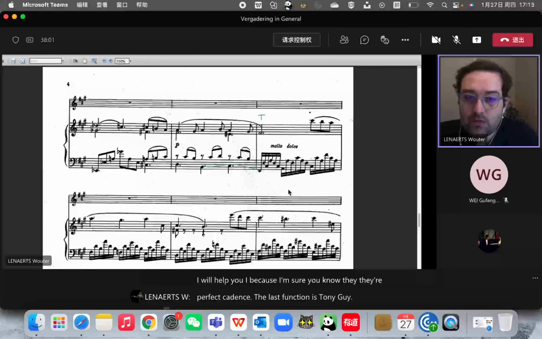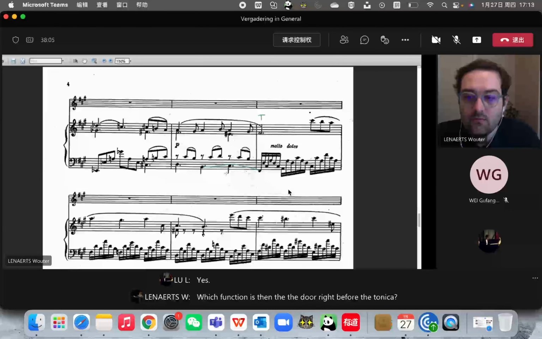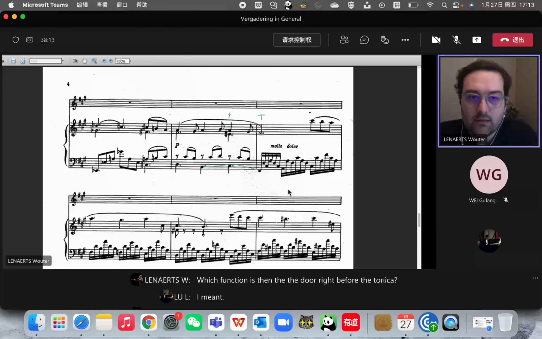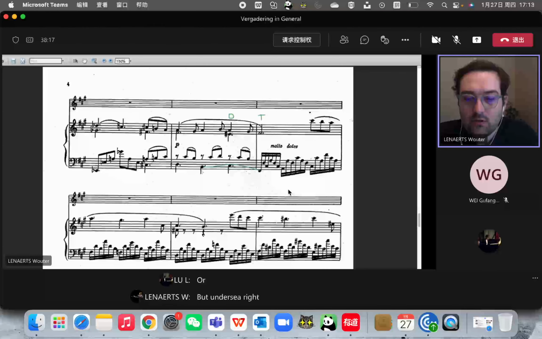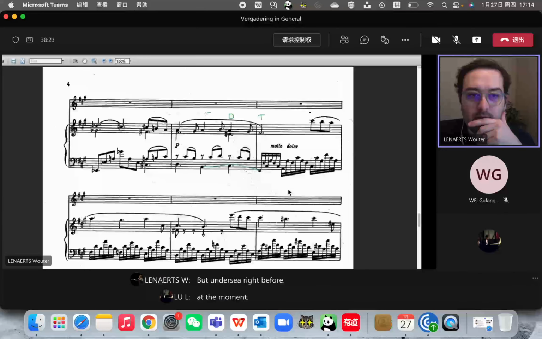Which function is then the do right before the tonica? Tell him it's a dominant seventh chord. Dominant. Yes. Good. And the si right before? This is the subdominant. Subdominant.